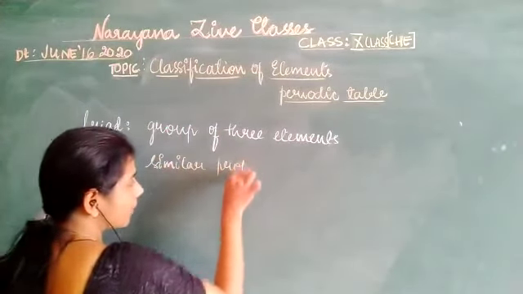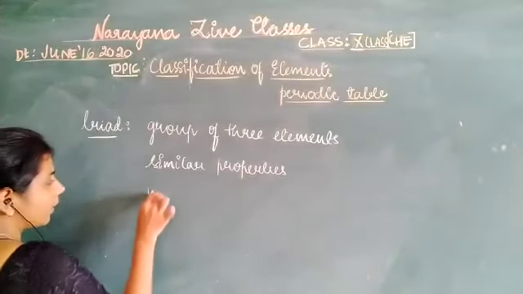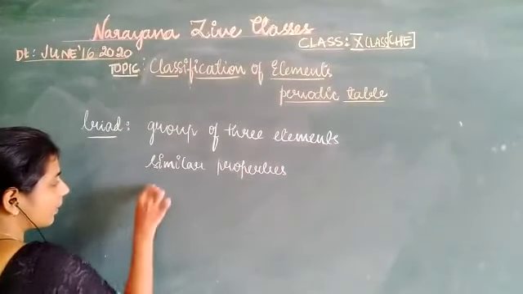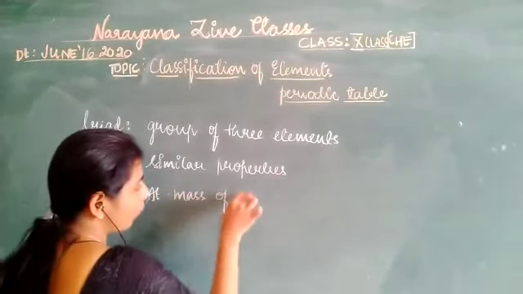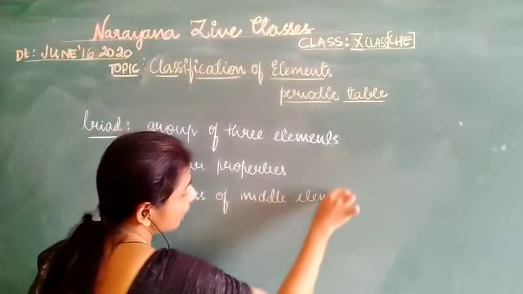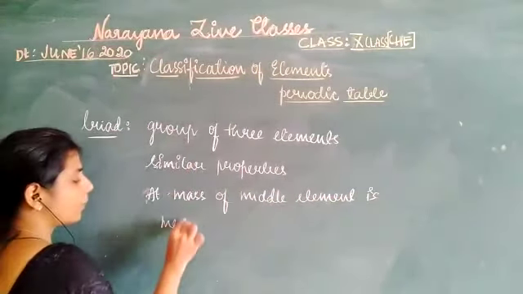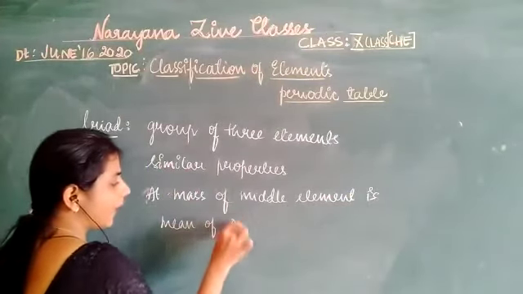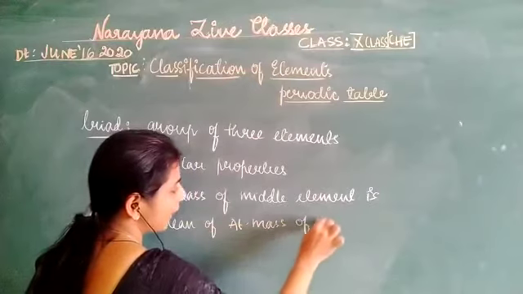So, we can write that the atomic mass of the middle element is the mean of the atomic masses of the extremes.